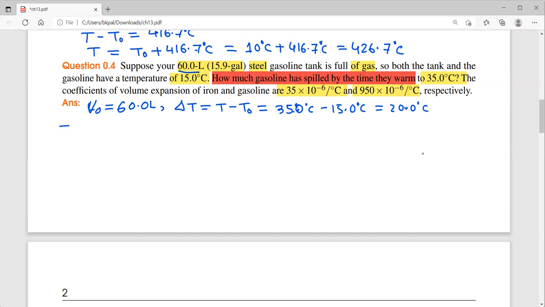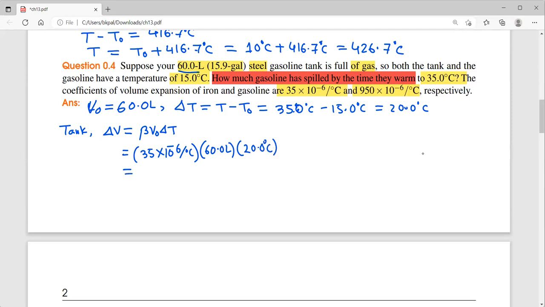Now for the tank, delta V equals beta V0 delta T, and for the tank beta is 35 times 10 to the power minus 6 per degree Celsius, times 60 liters, times a temperature change of 20 degrees Celsius.